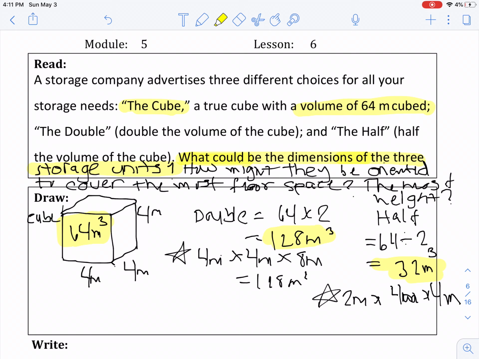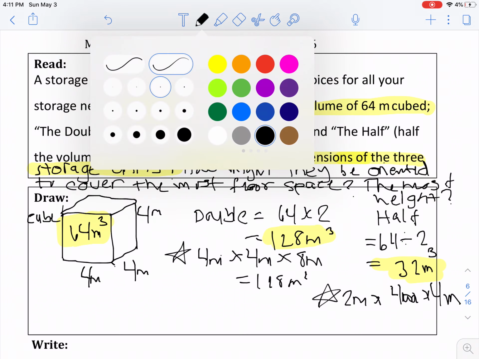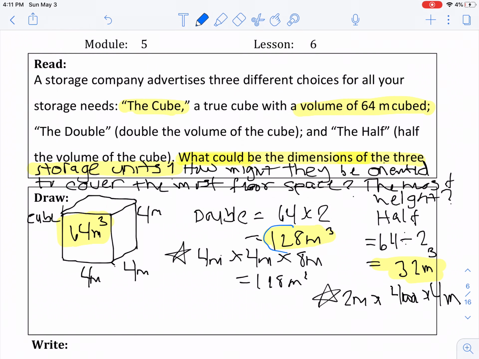So when we talk about the most floor space, you can do this on tap-tap blocks. But if you were to create a storage unit with the volume, I'm going to change this to blue, with a volume of 128 meters cubed, to cover the most floor space, you could do a base of 128 square meters and then a height of just 1 meter, right?